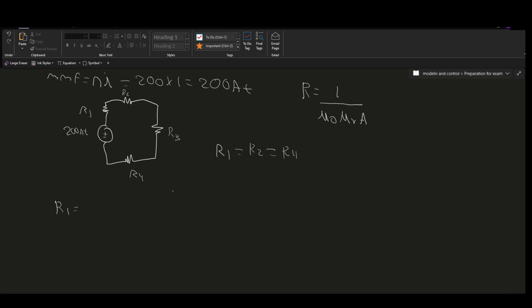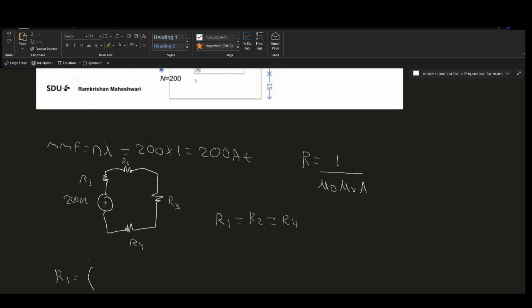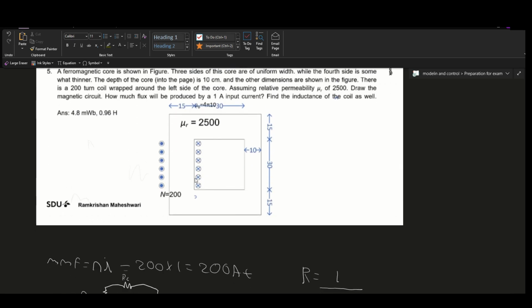R1 is gonna be equal to, remember we are talking about the mean length path. So when we talk about the mean, we are gonna talk about the reluctance going through, let's say, the middle. So when it goes from here, it will not travel this whole path. It will travel half of this, and all of this.